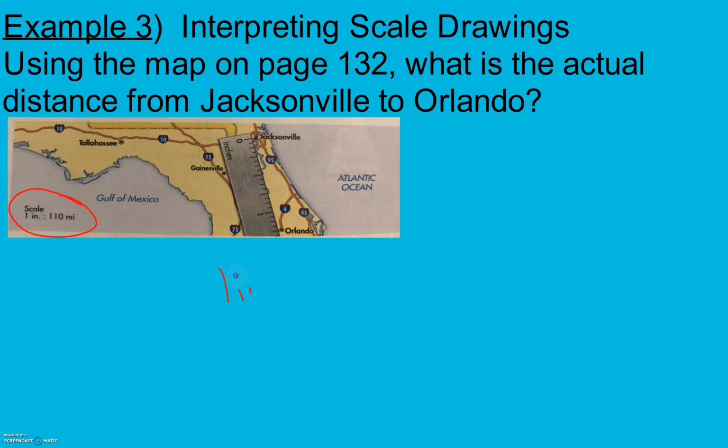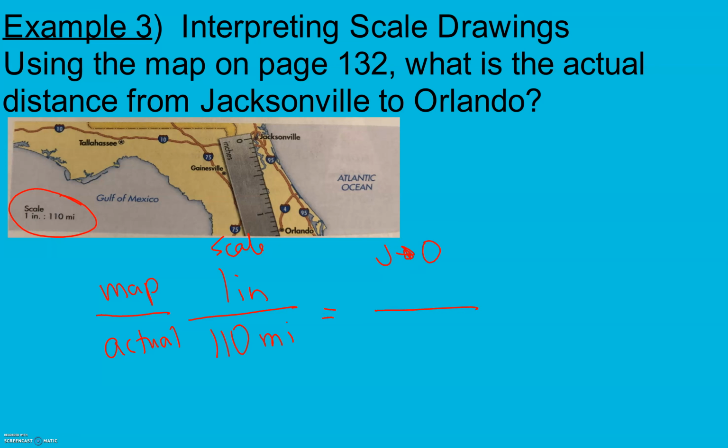as 1 inch to 110 miles. So here I'm comparing the map distance to actual distance. Okay, in my scale, and then for this particular problem, so from Jacksonville to Orlando.